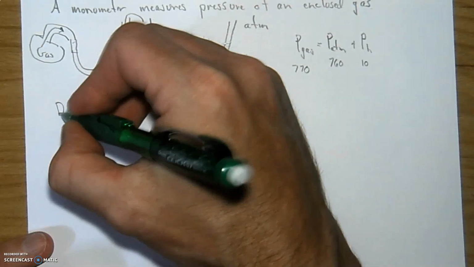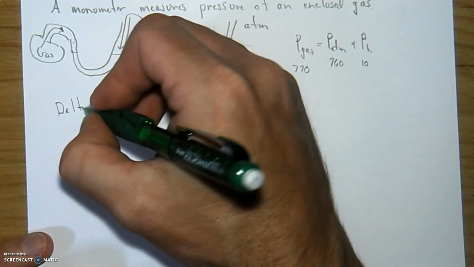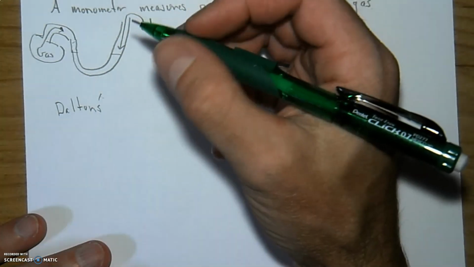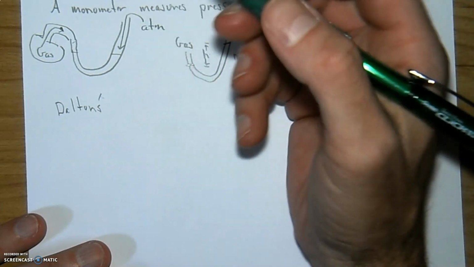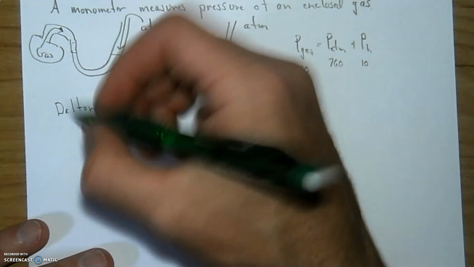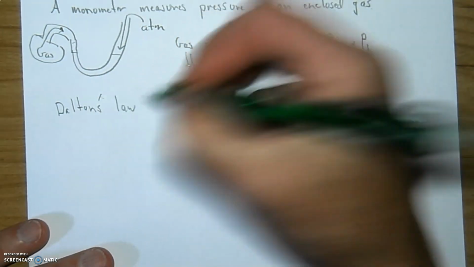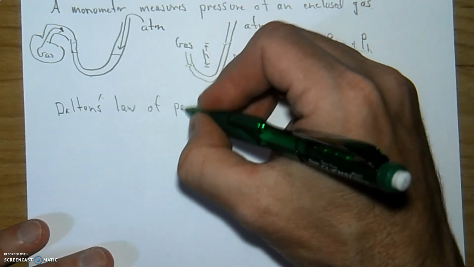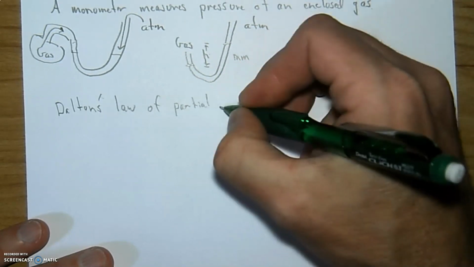All right, let's change or add to this conversation a little bit. We will talk about Dalton. You may remember him from last year a little bit, talking about his postulates on kinetic molecular theory. Dalton's law of partial pressures.